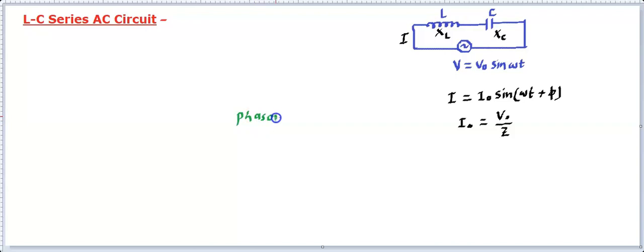In a phasor diagram, we try to denote the directions of these phasors, and then we use them to find the final values, right? So again, the equation will be something like this: potential across inductor plus potential across capacitor is going to be equal to the potential that you apply.